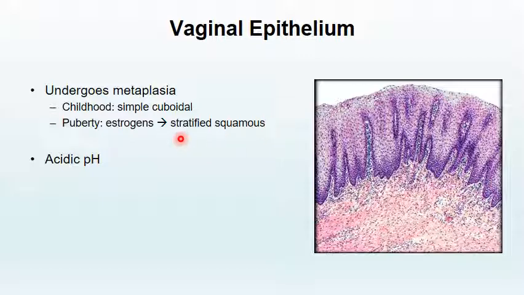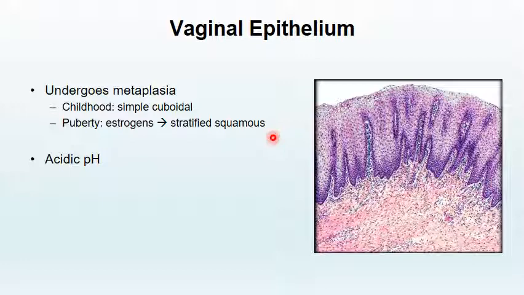And so we would like to see a more durable tissue if there's going to be penetration and friction than a less durable tissue, because this tissue would be very easily damaged, right? It's just one layer of pretty small cells, and then this is going to be many layers of much more durable cells. So at puberty, we see that switch to stratified squamous because the body is preparing for that act of intercourse and reproduction.